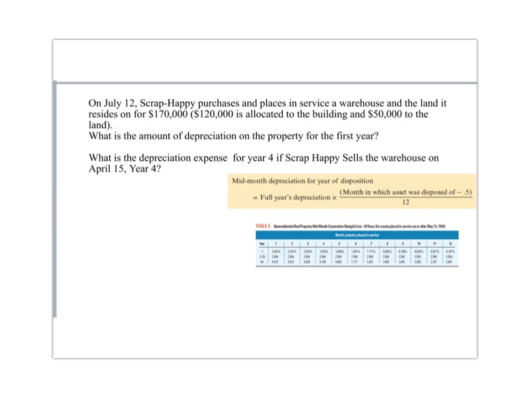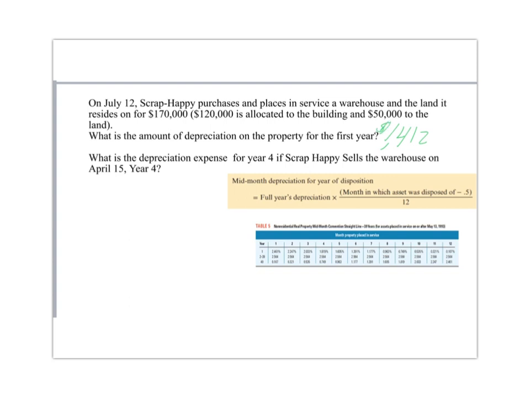So let's do one more example. This is that same company, Scrap Happy, and we've got the same warehouse. I've just repeated the information. What is the amount of depreciation on the property for the first year? Remember that was $1,412, so we already know the answer to that.